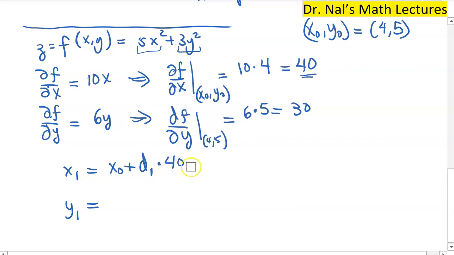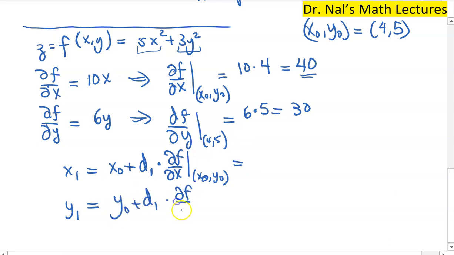Does that make sense? Or let's just write it as gradient, and then in the next step we can fill it in. There you go. Evaluated at the point x0, y0, all right? And then we'll do the same thing here. d1 times the partial derivative of the function f, evaluated at that point again.